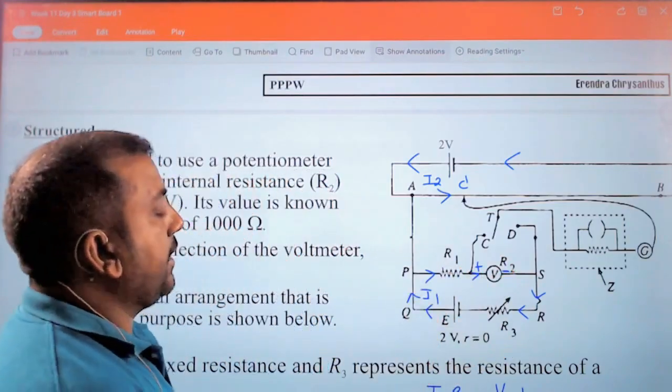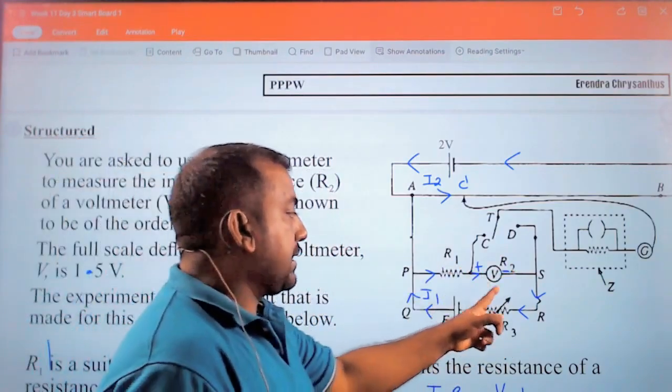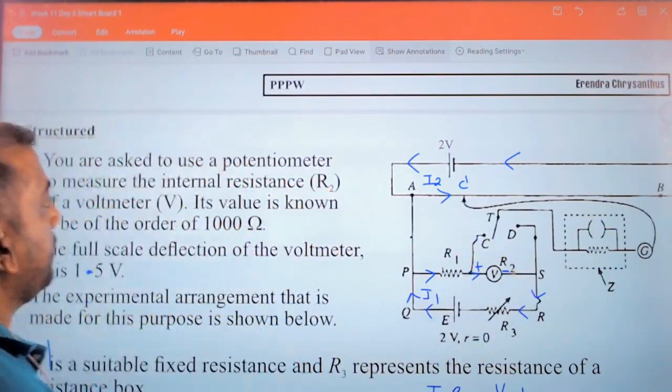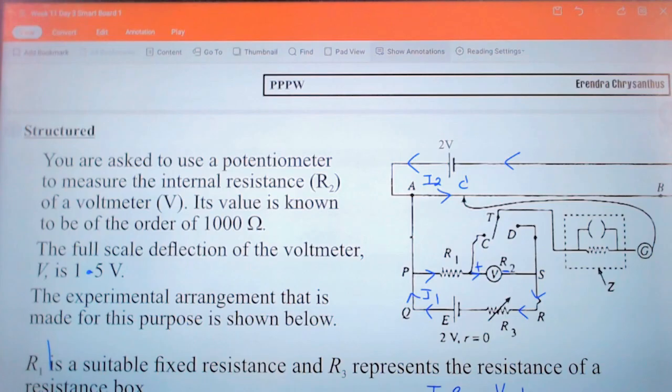By changing R3, we might not be able to achieve 1 volt across the voltmeter.